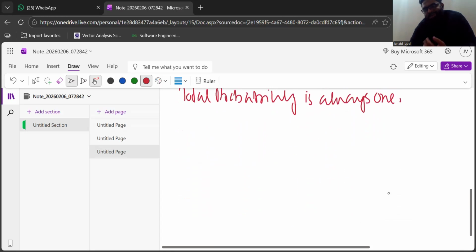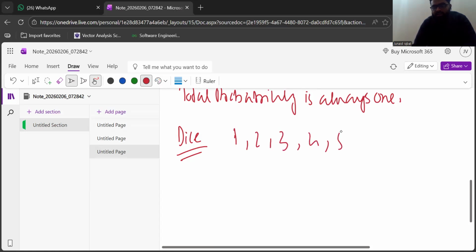So let's just pass it on to dice. If you play Ludo, the dice basically has 6 sides. A fair-sided die means all the dimensions are equal, so we can have 1, 2, 3, 4, 5, and 6. Let's say I want to find the probability of number 1. So 1 is one of the events from the 6.